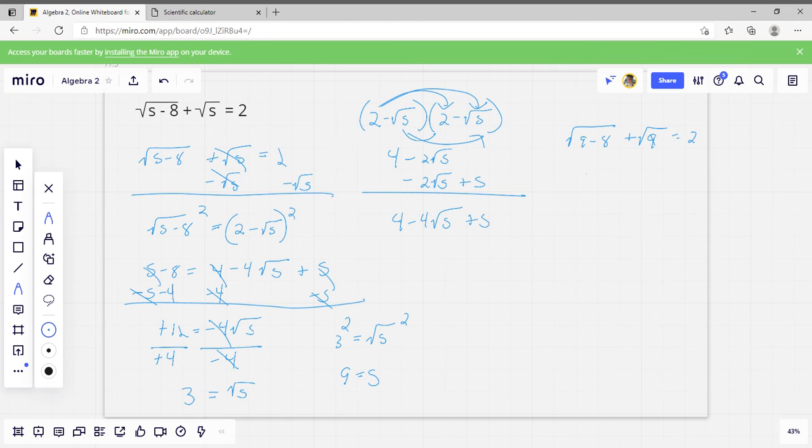Okay, 9 minus 8 is 1. Square root of 1 is 1. Square root of 9 is 3. That will be 4 equals 2. So that does not work. So there is no solution.